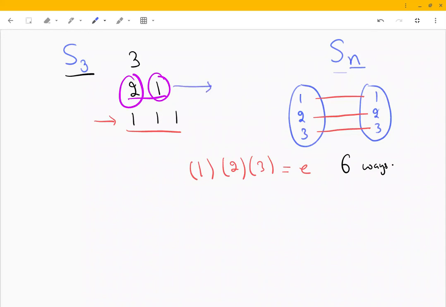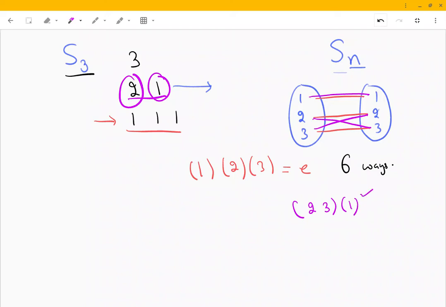Anyway, coming back to this, these are called two cycles. So one element is fixed. Say we fix 1, it goes to 1, and then 2 and 3 permute. So 2 goes to 3, 3 goes to 2. We write it like this: 2 goes to 3, 3 again goes to 2. So we close the cycle, and then 1 is here.